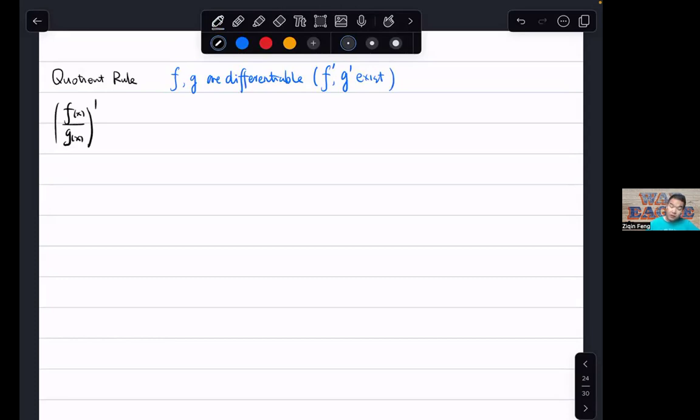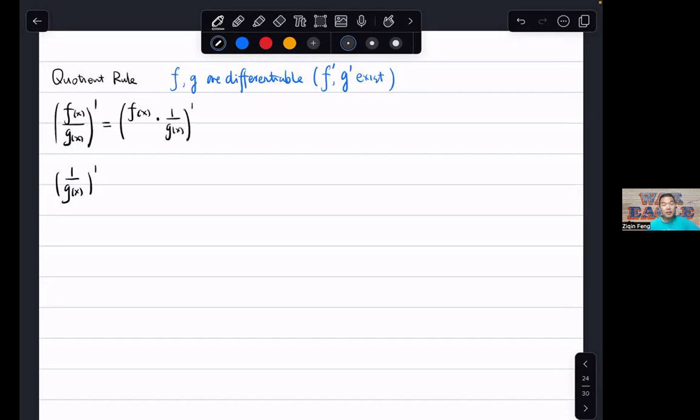Before we do that, let's see one easy formula first. Let's look at the derivative of the reciprocal of this function. If you have a formula for 1 over g of x, then the quotient is nothing but f of x times 1 over g of x, then prime.